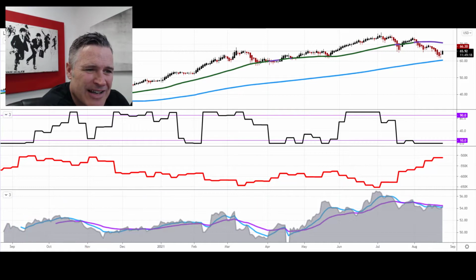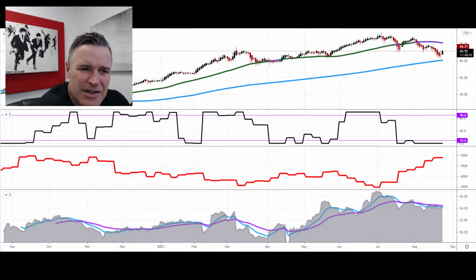The grey line is a 1 year seasonality, and then the two lines, the moving averages there, the blue and the purple line, are averages over a longer term period, many years looking back, to give us an idea whether the price is moving in terms of how it works fundamentally over the year.